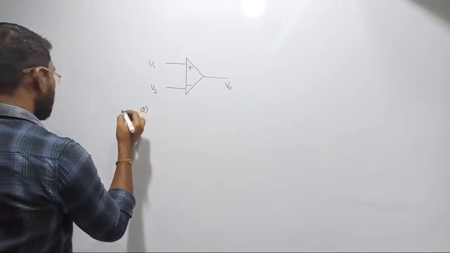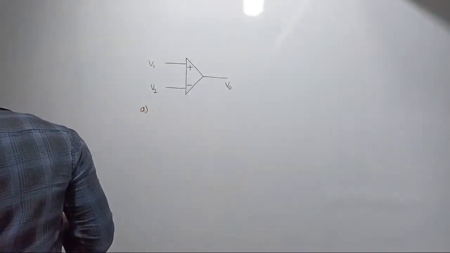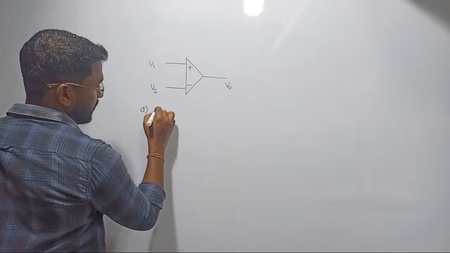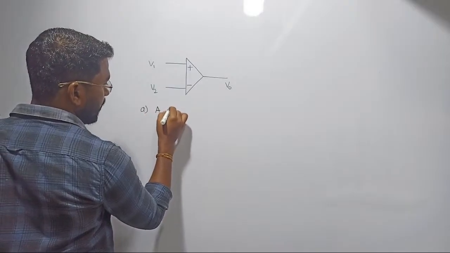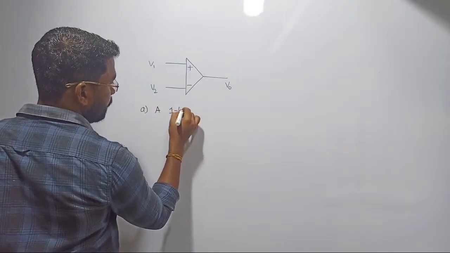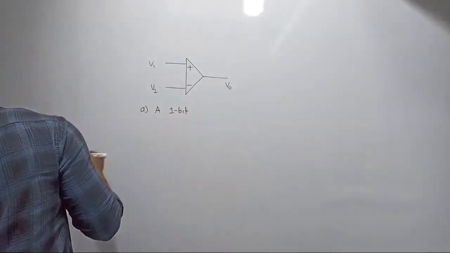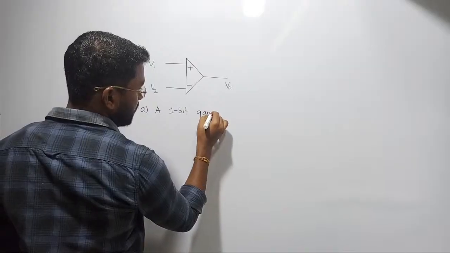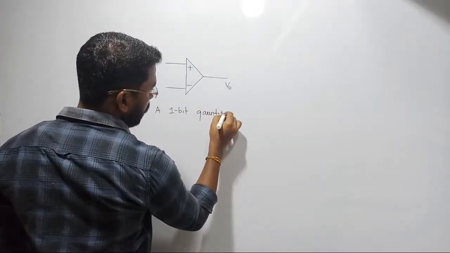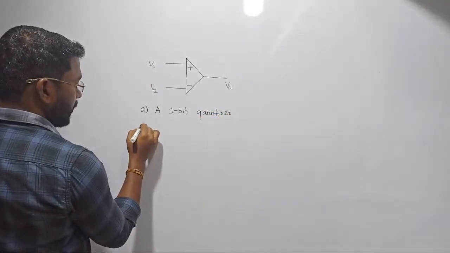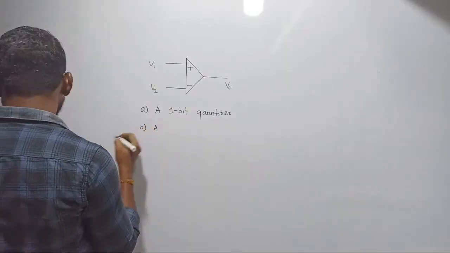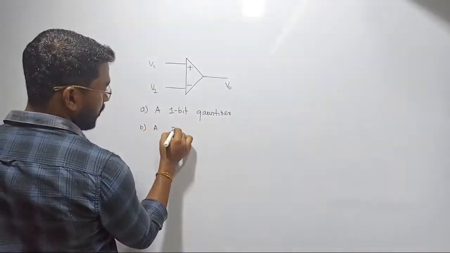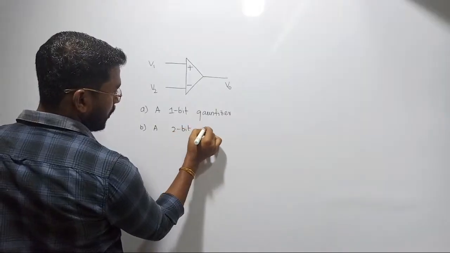They have given 4 options. Option A is a 1 bit quantizer. Option B is a 2 bit quantizer.